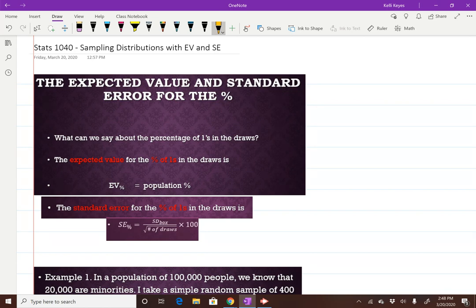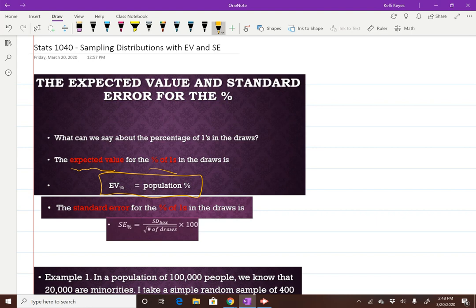Basically, when we're looking at a box model and we have ones and zeros in the box, the expected value for the percentage of ones of the draws is just equal to the population percentage, right?